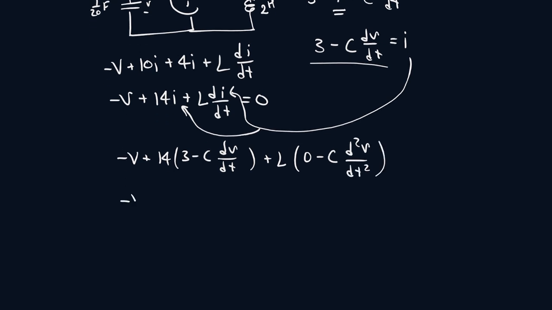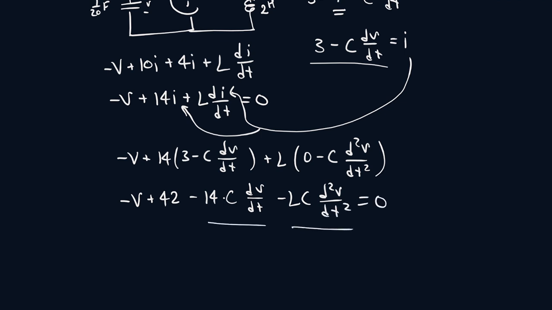So that's minus V plus 14 times 3, which is 42, minus 14 times the capacitance, dV over dt, plus 0 minus LC, d squared V over dt squared.